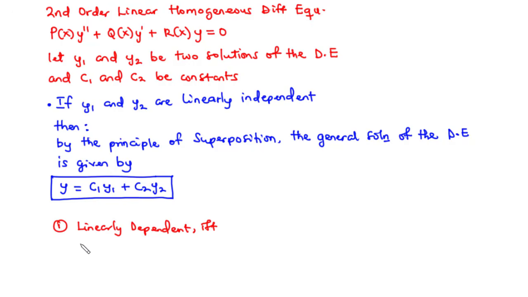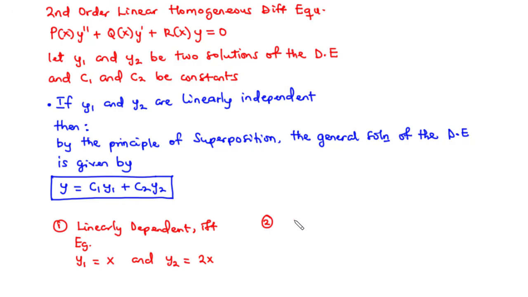For example, let's assume that we have a function y1 equal to x, and another function y2 equal to 2x. Looking at these two functions, you realize that y2 is a constant multiple of y1, that is, y2 is equal to twice y1. In this case, we say that the two functions y1 and y2 are linearly dependent because one is a constant multiple of the other.